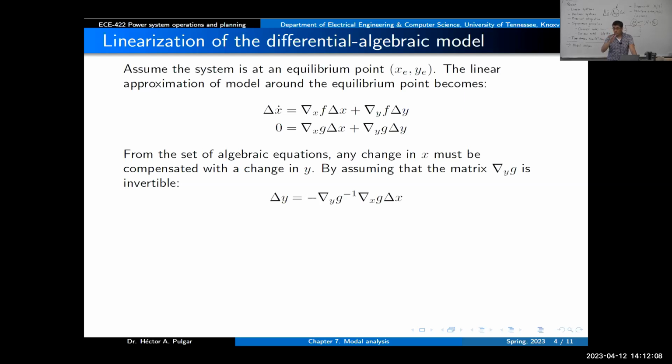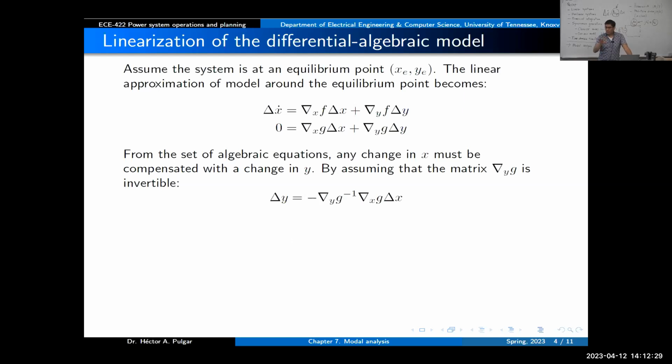Sometimes when you have the operation in the system, if the system is highly loaded, potentially this set of algebraic equations can be not invertible. That means that the determinant of that matrix will be 0. In that case, we cannot use this model. This model will fail.